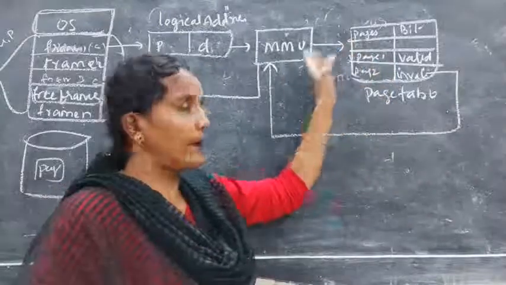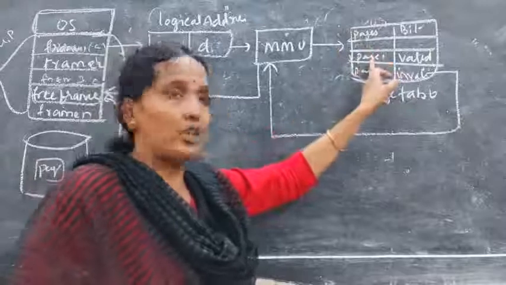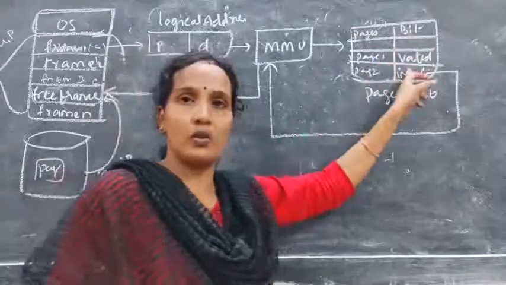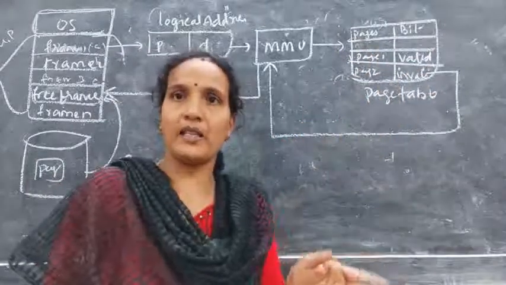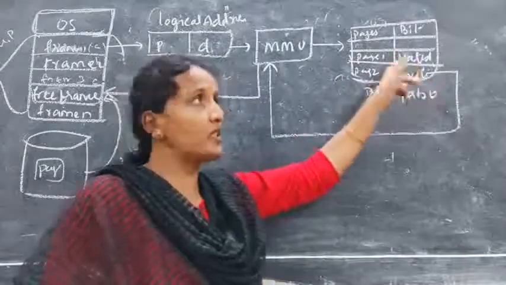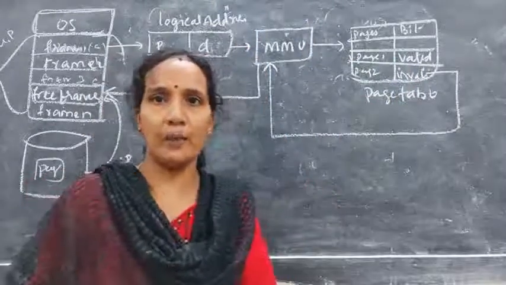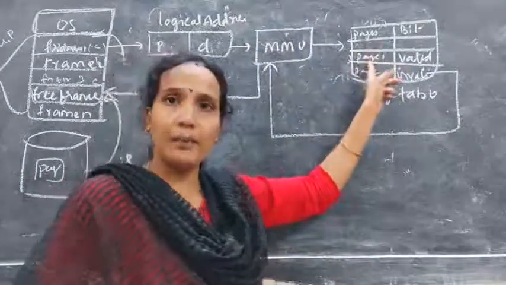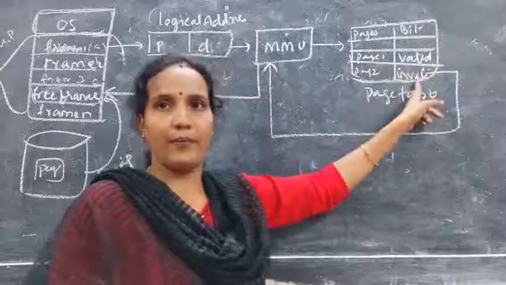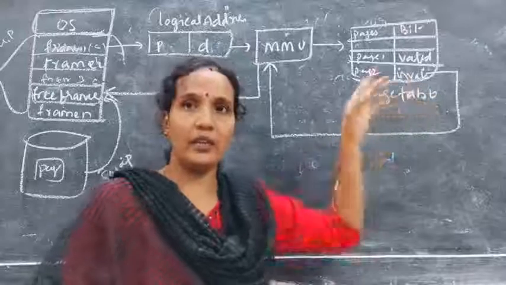The page table is actually there in the main memory. It will search the page and it will check the bit also, means whether that page bit is valid or invalid. If the page bit is valid, that page is loaded into the CPU. But if the page bit is invalid, what does it mean?